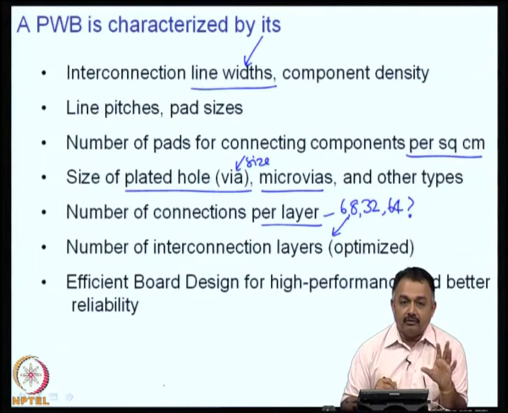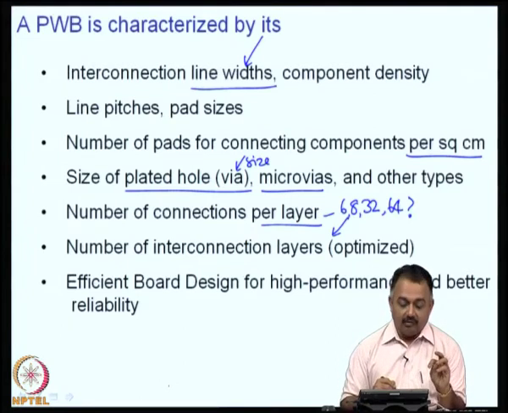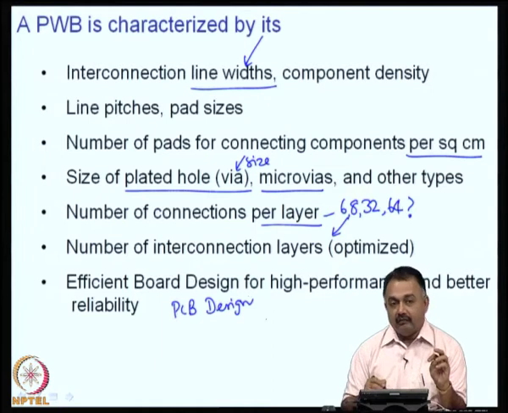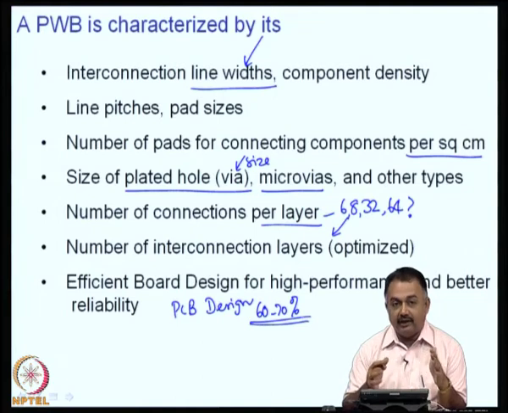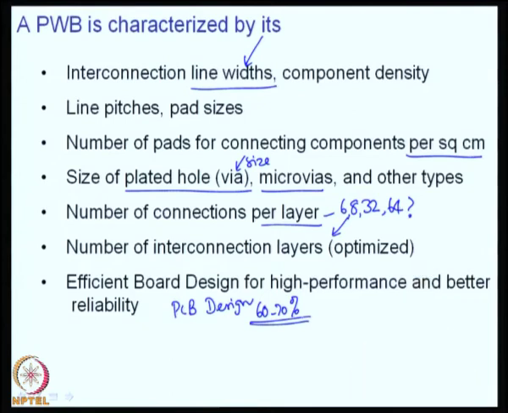I can tell you for sure that for any product, if you are doing a PCB design, just as VLSI engineers have spent a lot of time on VLSI CAD, the PCB design engineers will spend almost 60 to 70% of the product planning time, because the remaining 30% can easily be done by fabricating the PCB, assembling it and testing it.